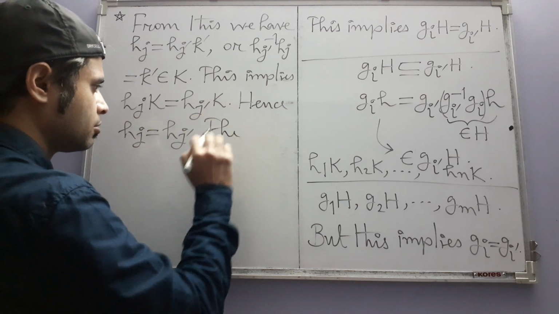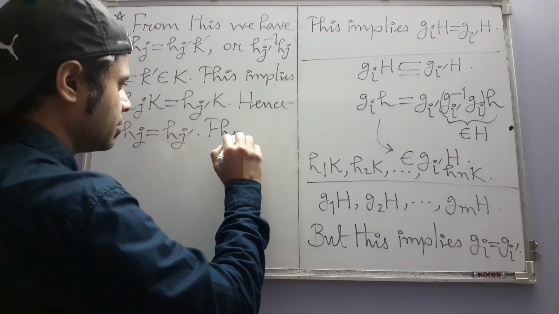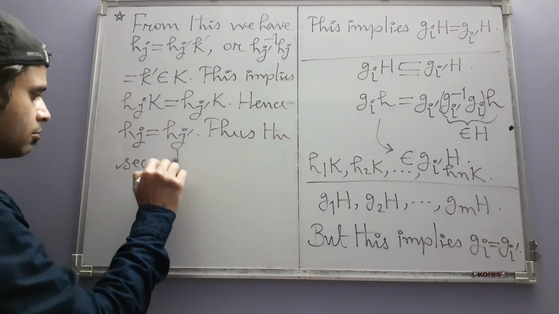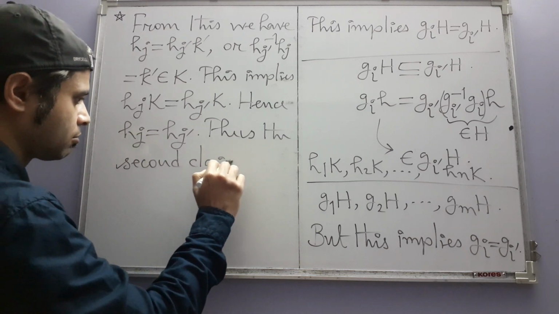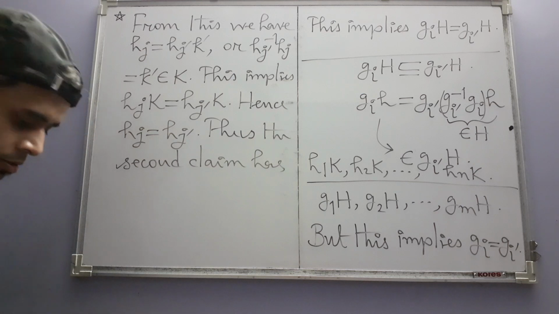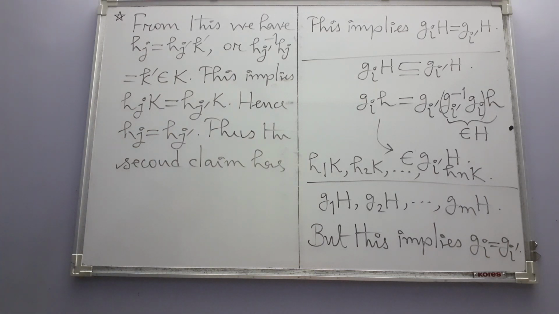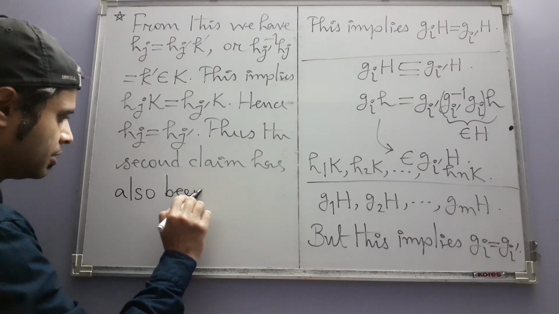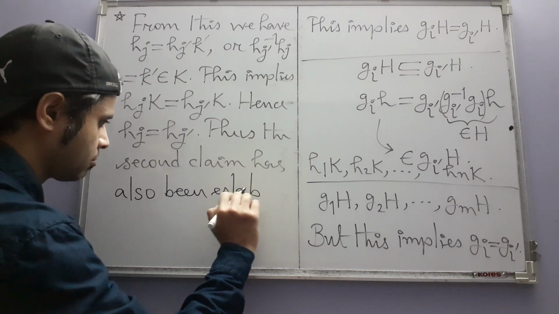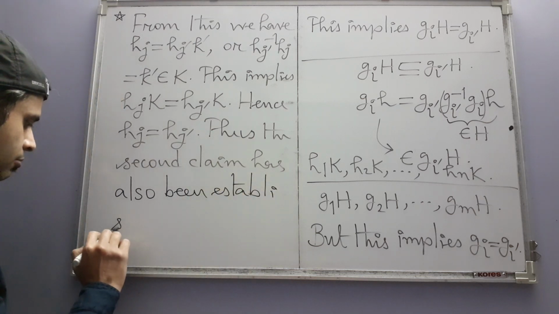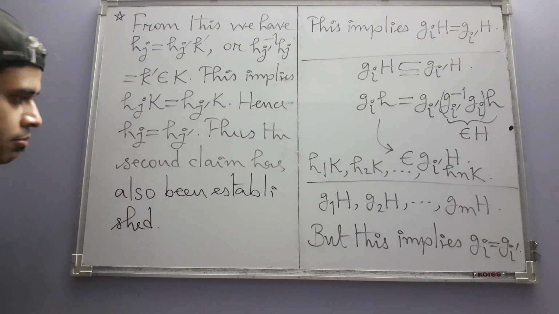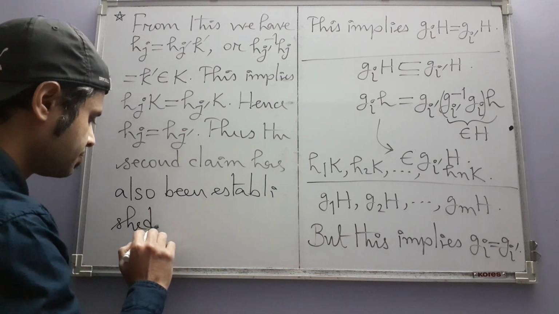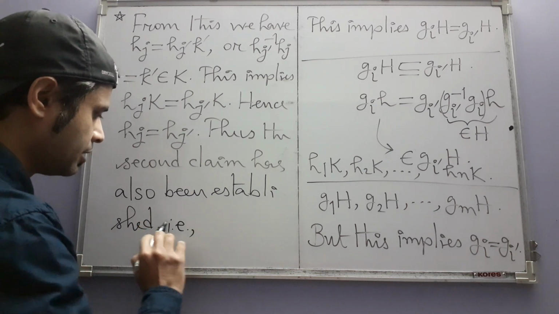Thus, the second claim has also been established. That means there are mn left cosets. Let's write it in words.